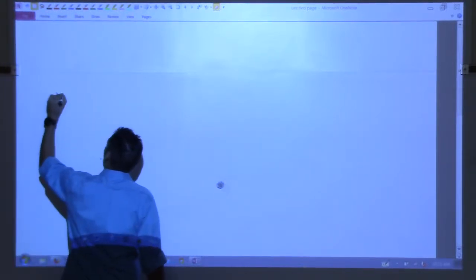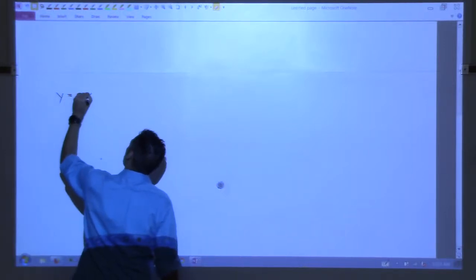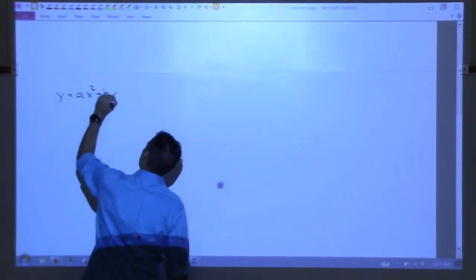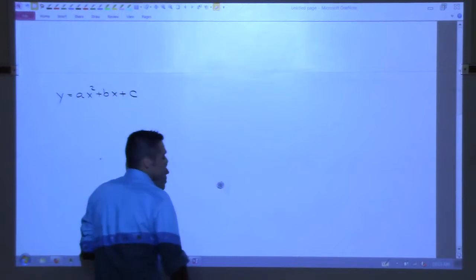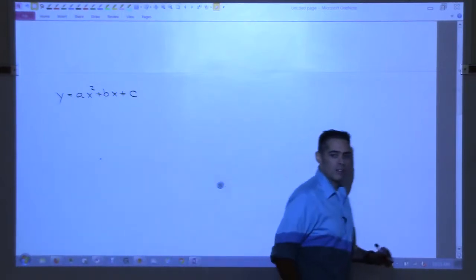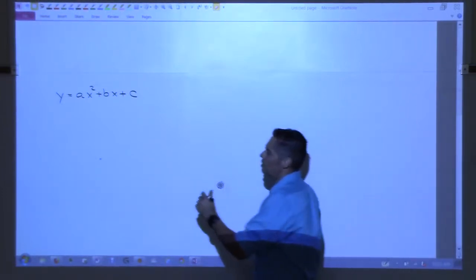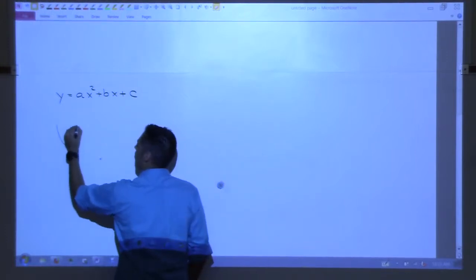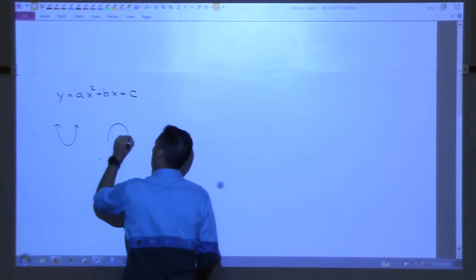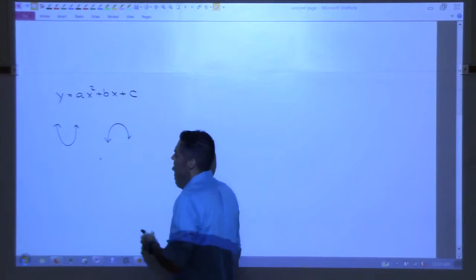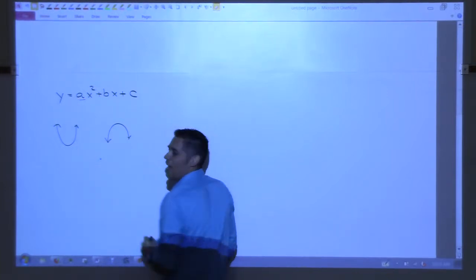I want you to go back to college algebra. That is a quadratic function. What does the graph of a quadratic function look like? A parabola, right? So this would look like one of 2 things. It would either look like this or it would look like this, depending on A. A determines that.